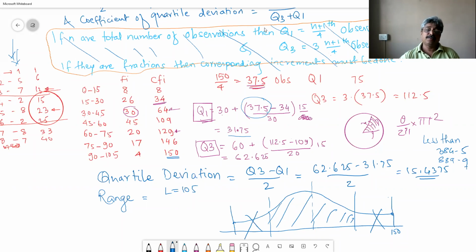It is 37.5, and I think this is for some odd or even and something like that. We will find out. So range is L is 105, largest of the largest class, and S.